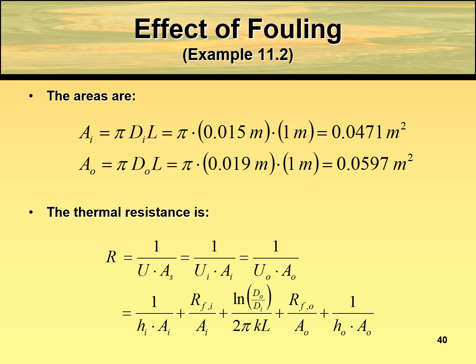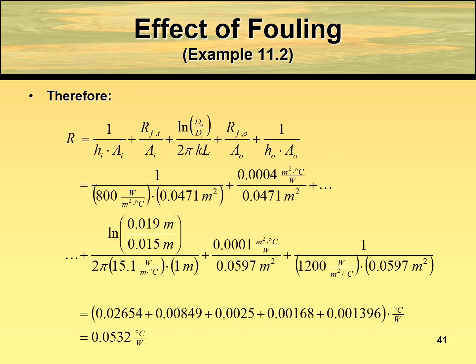The effect of fouling will be increased due to these two sections, the internal flow and the outer flow, so the deposit attaches to the inner surface and outer surface. As you can see from this calculation, the overall thermal resistance R is 0.0532.